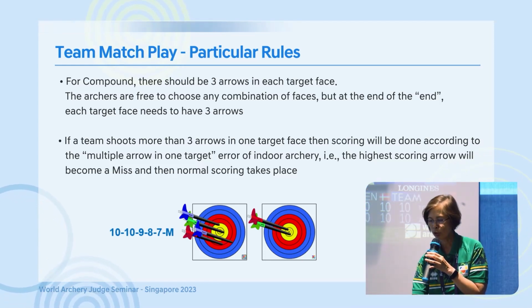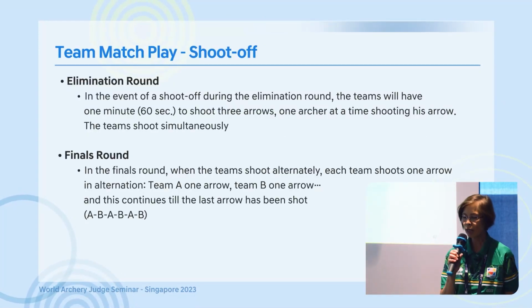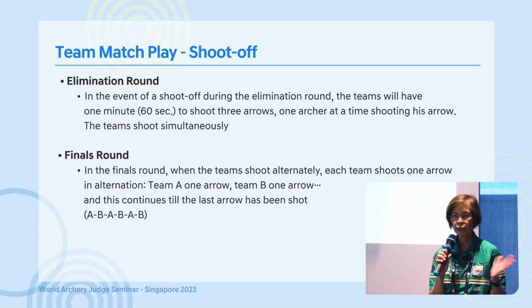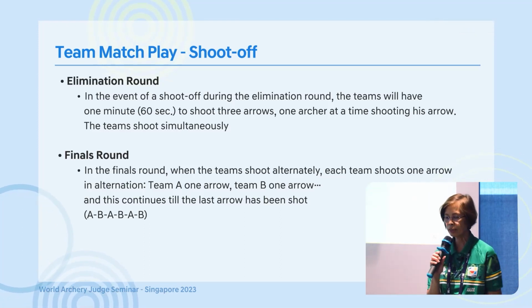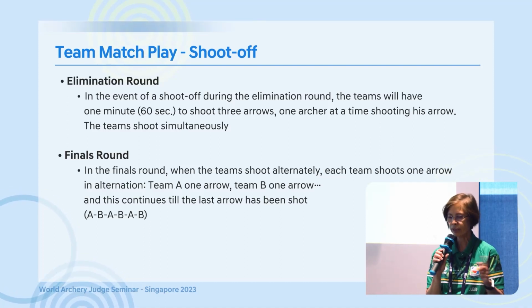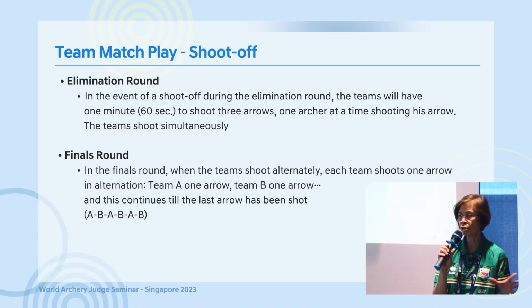And what happens during shoot-offs? In the elimination round, if there is a shoot-off, the teams will have 1 minute or 60 seconds to shoot their 3 arrows. One archer at a time, shooting his arrow, and they shoot simultaneously.